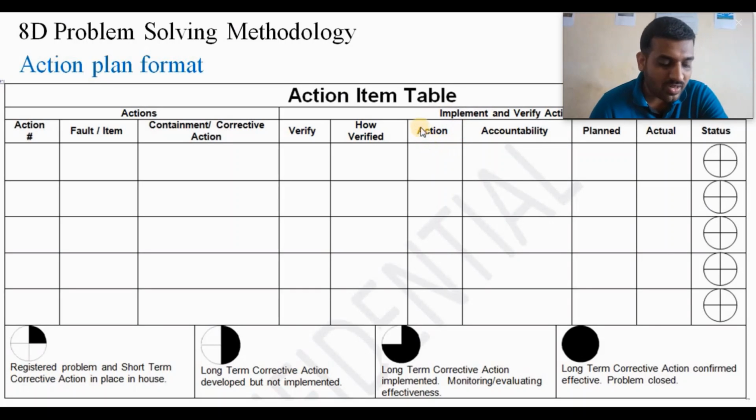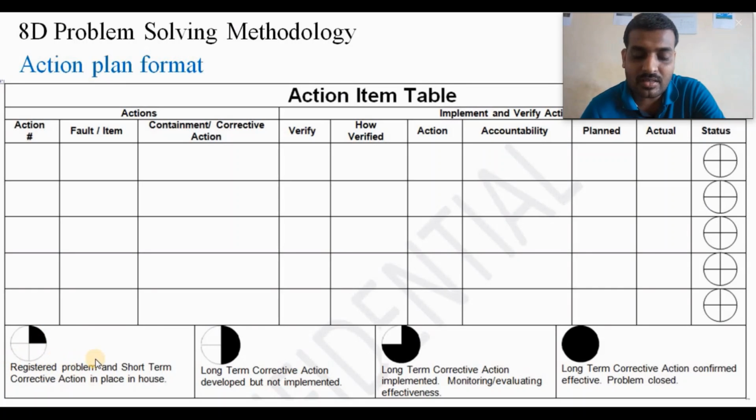The first quarter filled means the problem is registered and short term corrective actions are in place. If it goes to two quarters, the long term corrective actions are developed but implementation is pending.